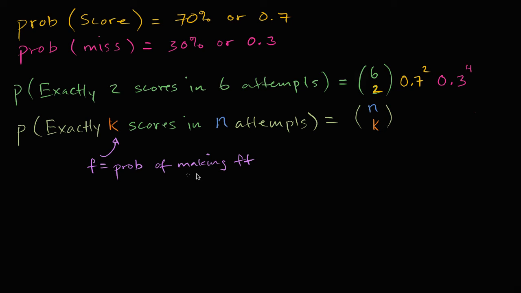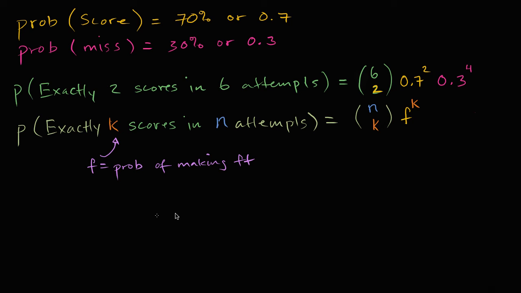So if F is your probability of making a free throw, then for K scores this is going to be F to the K power, because you're making exactly K scores. And then for the remainder, the N minus K attempts, you're going to miss.